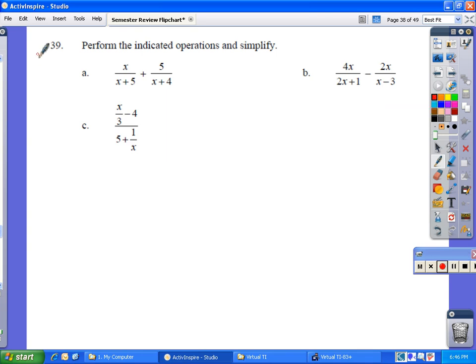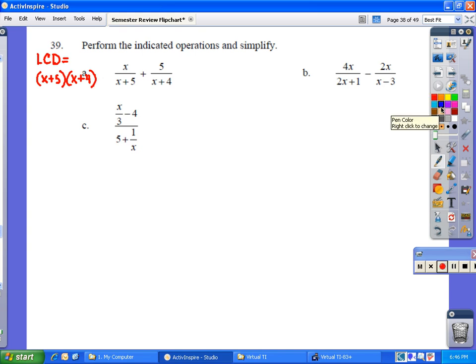with this problem. The LCD for part A has to have factors of x plus 5 and x plus 4. Notice that the first term has the x plus 5 in it, but is missing the x plus 4.